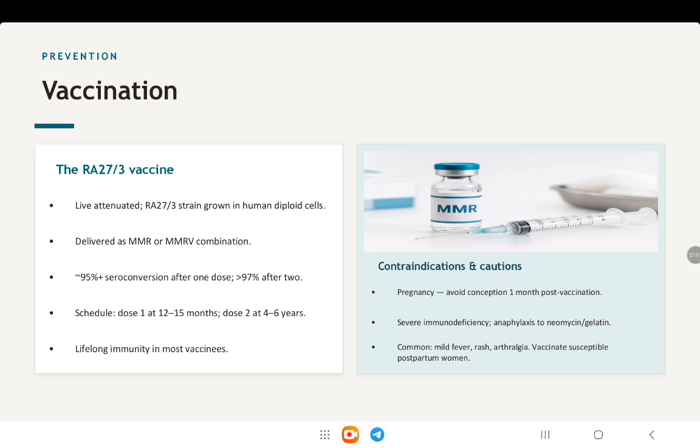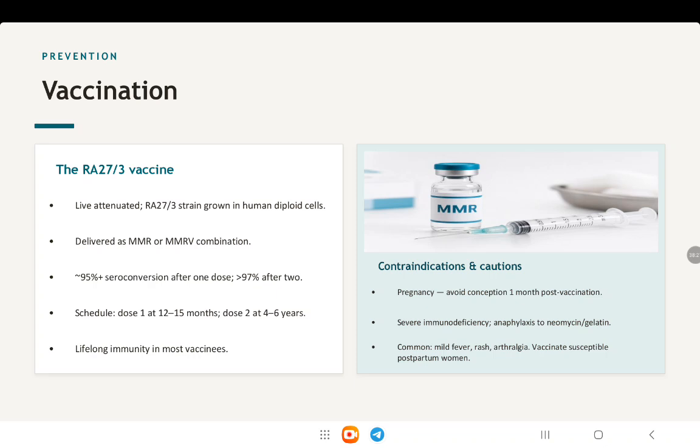Vaccination. The vaccine is an important point for this virus because it is the best way to prevent rubella and congenital rubella syndrome. The vaccine used today is the RA27 live attenuated vaccine, usually given as part of the MMR vaccine, which protects against measles, mumps, and rubella. It may also be given as MMRV, where V indicates varicella.